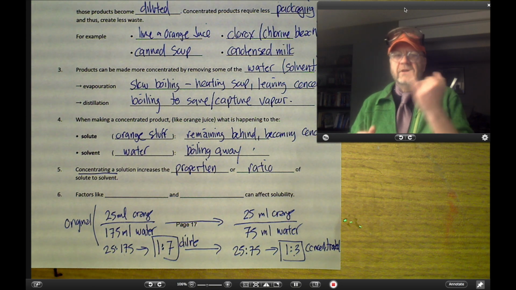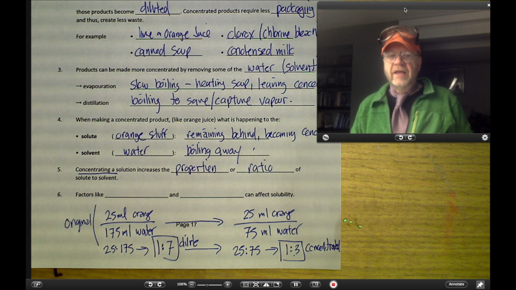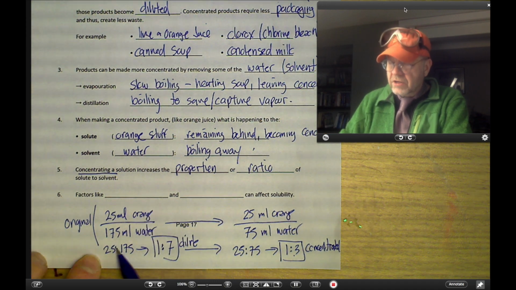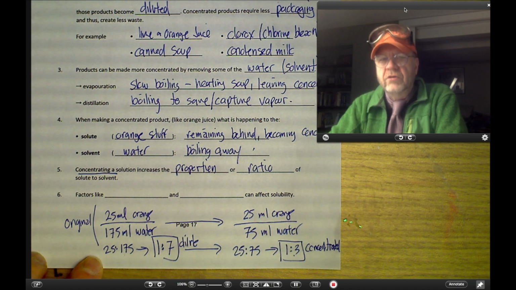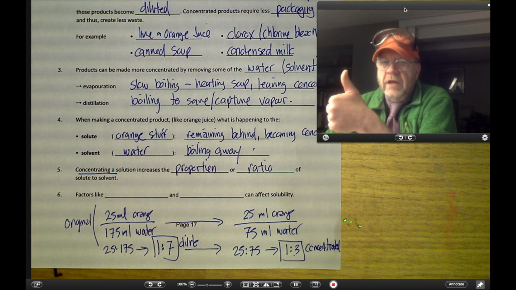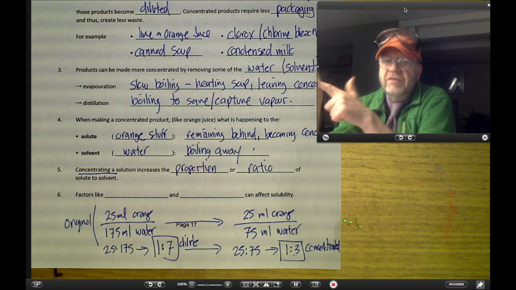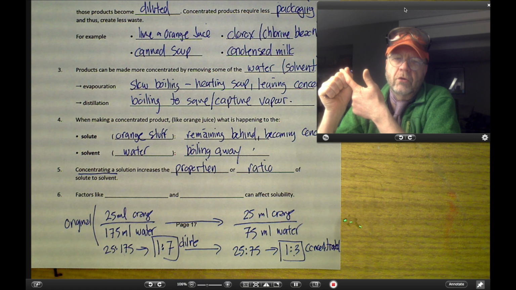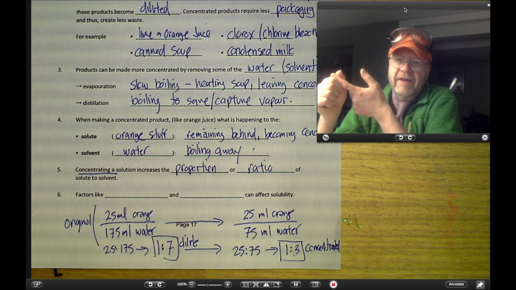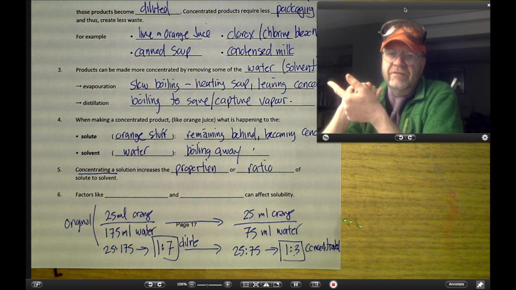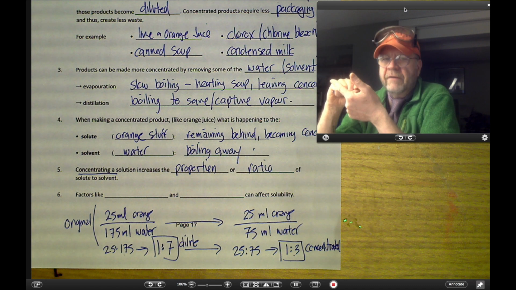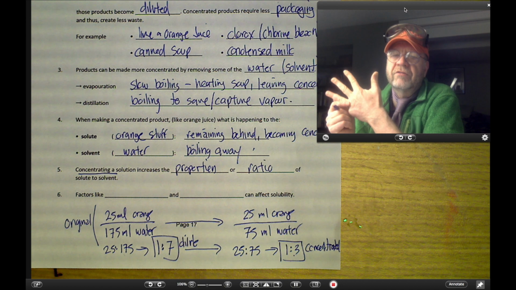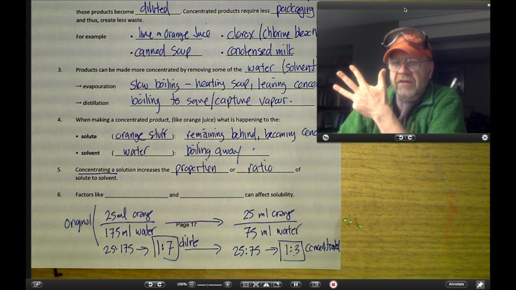You should understand that when you concentrate something, you're changing the ratios of solute to solvent, and reducing the amount of stuff you have. Instead of 1 liter, you're going to have maybe 250 mils. And you are therefore reducing packaging, and likely the transportation cost too.